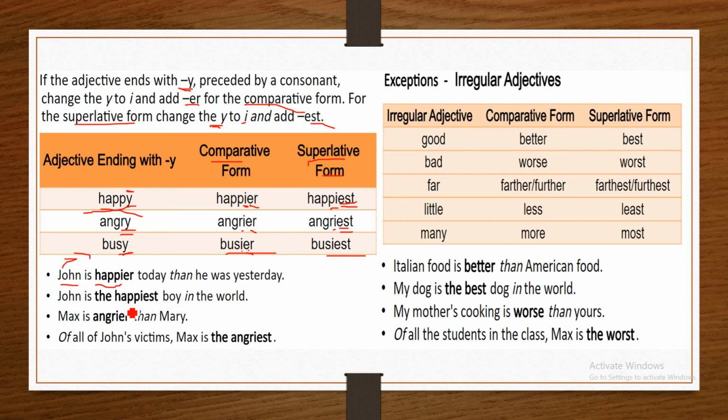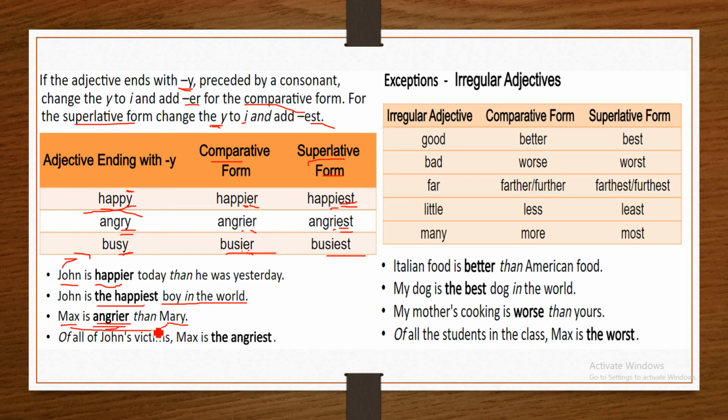John is the happiest boy in the world. In the world there are more boys than John. There are billions of boys, but John is the happiest boy. Superlative form. Max is angrier than Mary. Max and Mary are compared by the comparative adjective angrier.